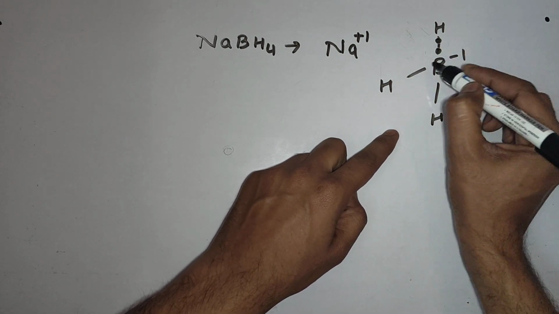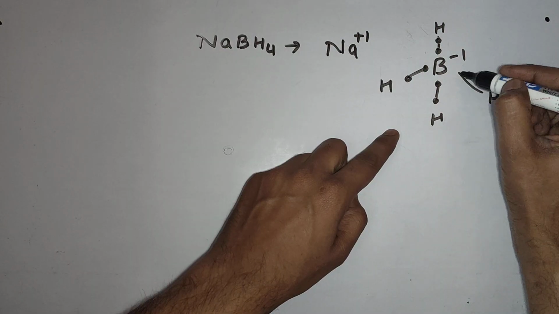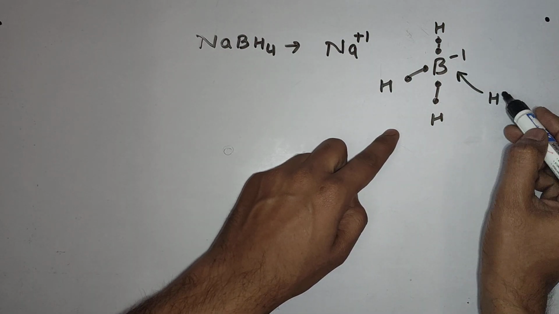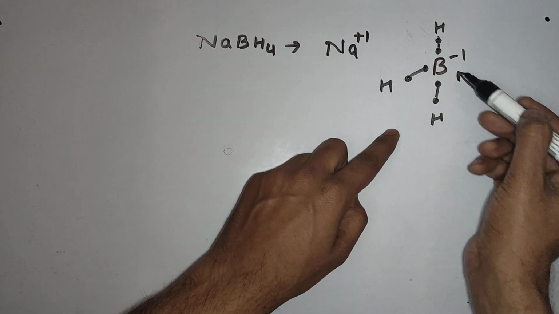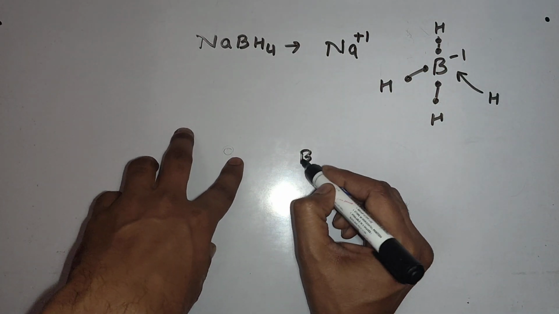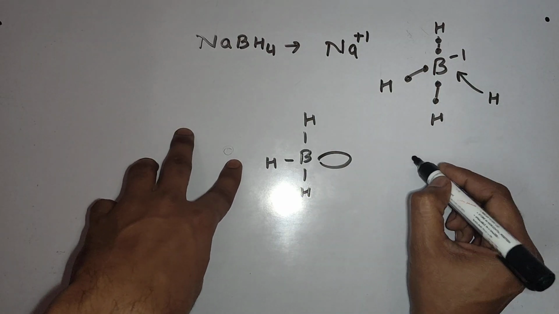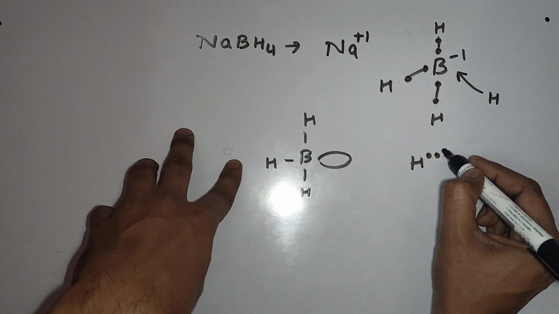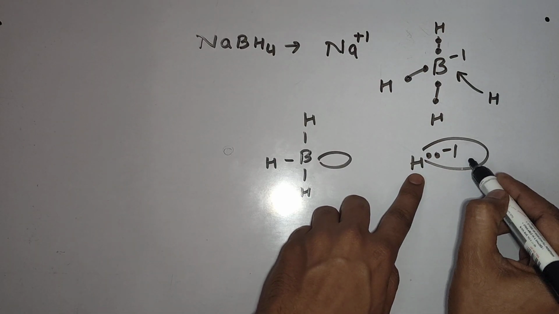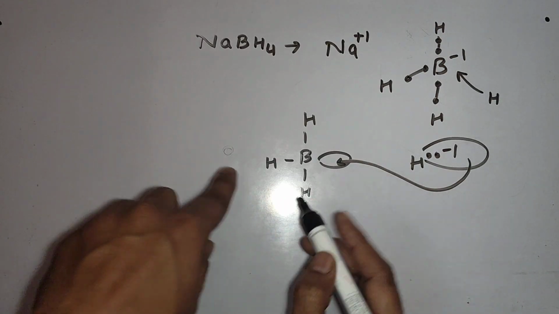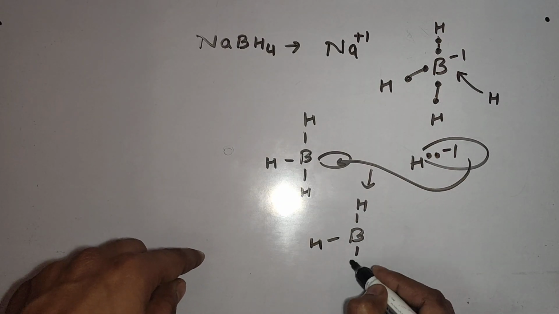These 3 bonds are covalent, and this 4th bond is a dative bond which is made through hydrogen. Hydrogen has given a lone pair to boron. It was BH3. This is hydride. Hydride donated its lone pair into the vacant orbital of boron, and that's why we got BH4.